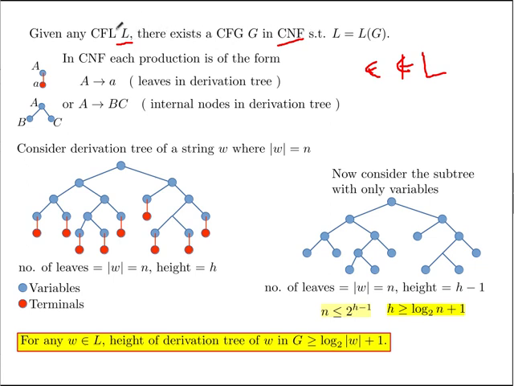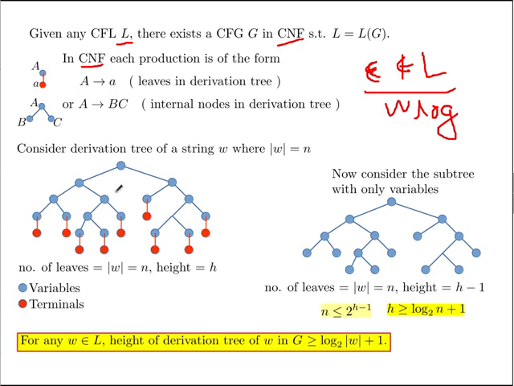So we can always, without loss of generality, when we are proving that something is not a CFL, take this to be epsilon free. So epsilon is not part of this language. Okay, and that is why we can have the CNF where all the productions are of this form.